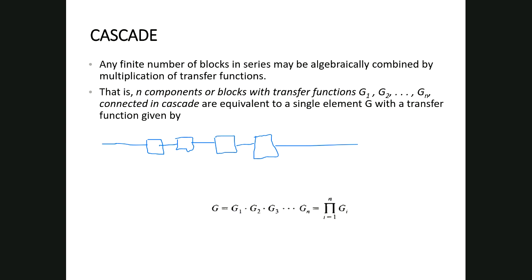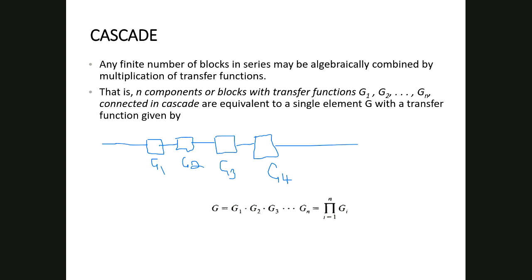Let's assume this is G1, G2, G3, and G4. So this is the interconnection of blocks.